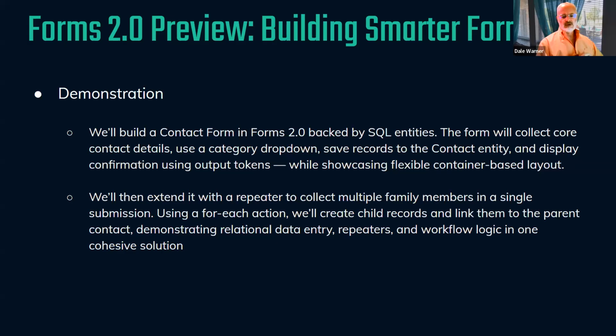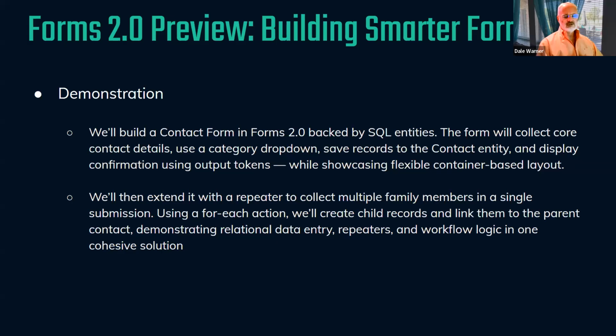So anyway, we're going to build a contact form and have some SQL entities to store the data. We're going to collect core details about a contact and then have a category, save some records into the contact entity, and display the confirmation that we've created that data, and then showcase some flexible container-based layouts.